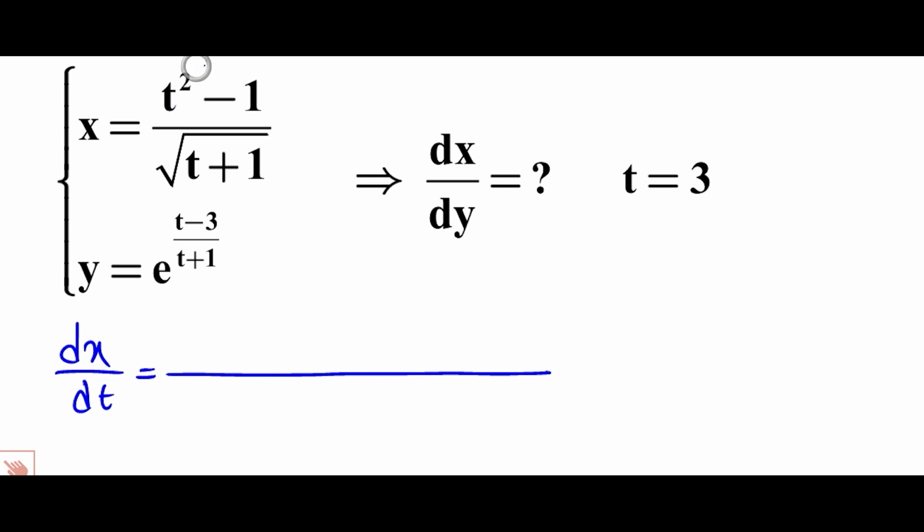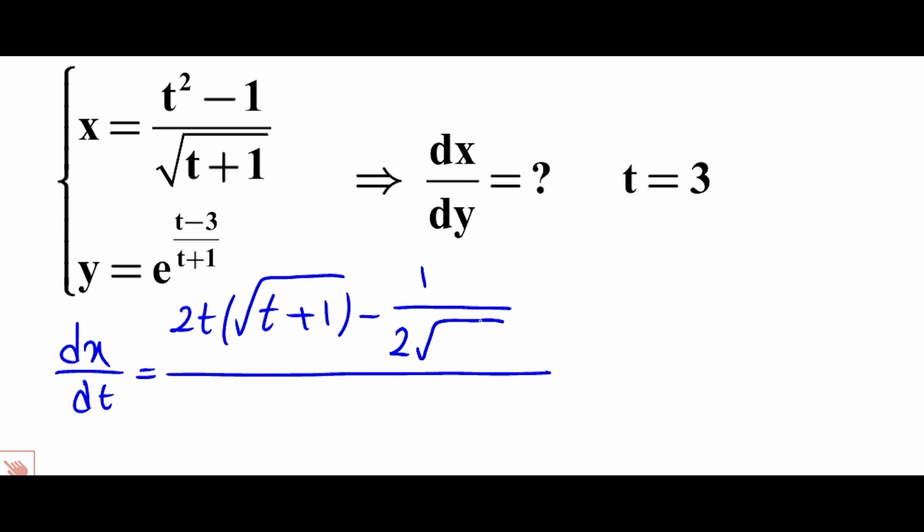It means the derivative of the numerator, 2t, times the square root of t plus 1, minus the derivative of the square root of t plus 1, which is 1 over 2 times the square root of t plus 1, times the numerator, t squared minus 1, over the square root of t plus 1 squared, which means t plus 1.